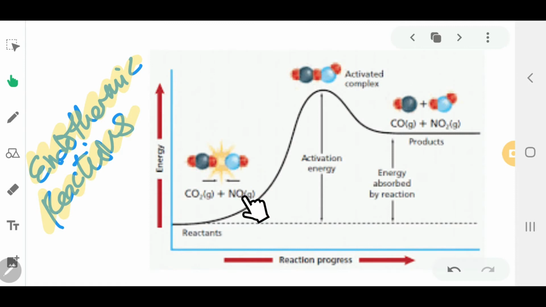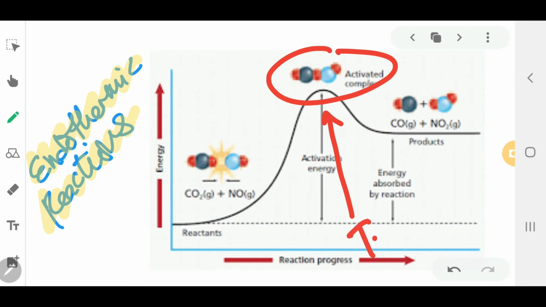You have your reactant molecules colliding with one another effectively, and when they have enough energy to overcome the activation energy, they will reach that point over here to form the activated complex before they are converted into products. And remember, the area over here is what we call the transition state.